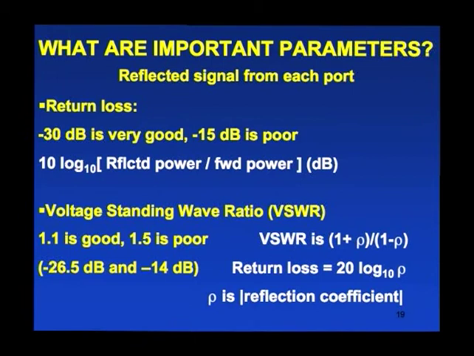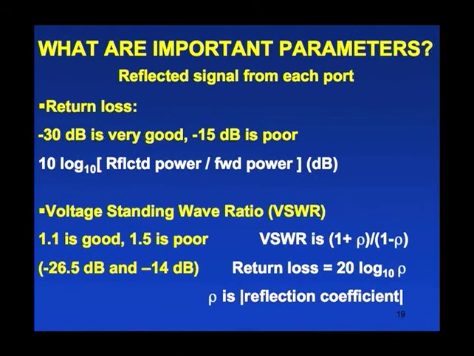And that would be a very good return loss, to have only 1,000ths coming back. 15 dB is quite a lot more than that. It's something like 25 times less. And this formula here is the reflected power over the incoming or forward power, and then you multiply it by 10, and it gives you the number of dBs. And that's how these numbers are determined.